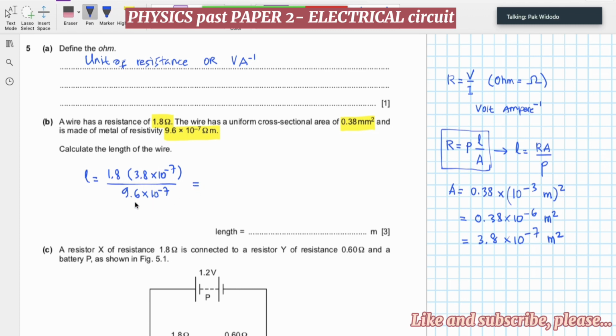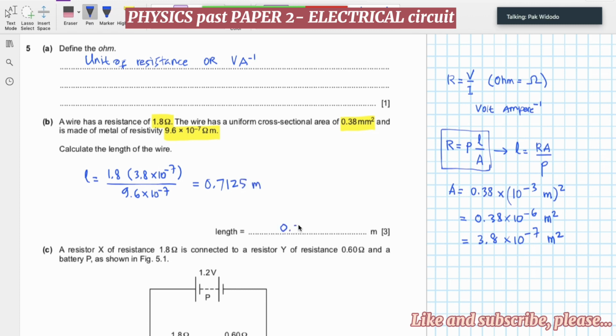So this is the same as just multiplying 1.8 times 3.8, divided by 9.6. That gives 0.71, about 0.7125, in meters.